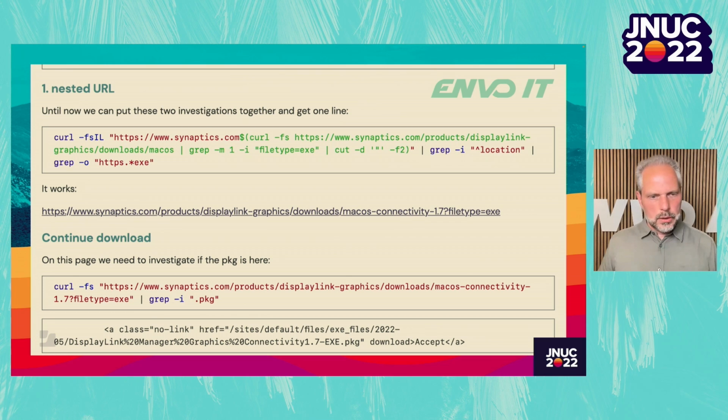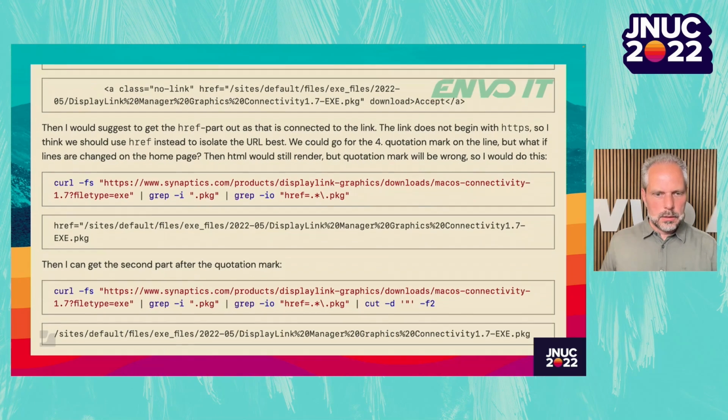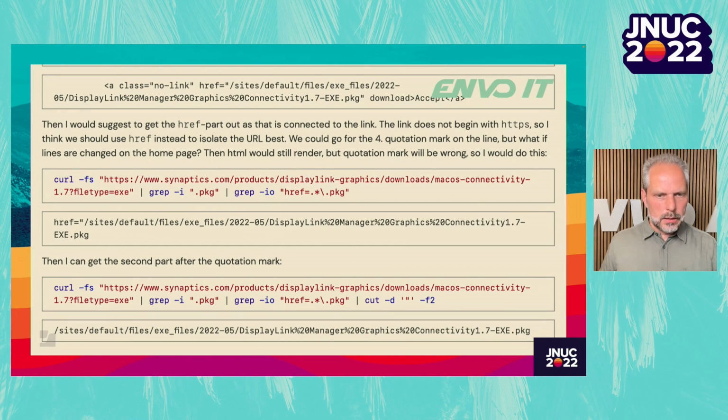But I need to figure out where there's a package to be downloaded from this new URL that I'm getting here. I grep for that, and then I go further, and I can get the full download link in this way again.